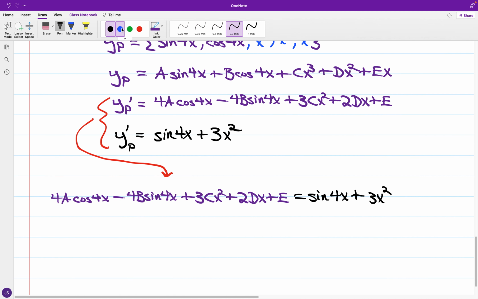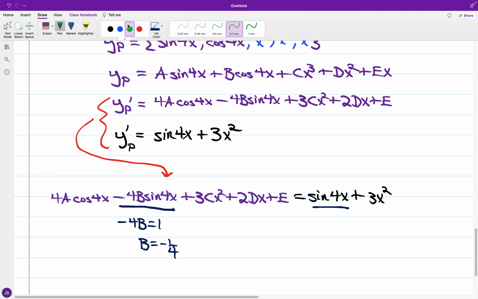If you notice in mapping together, you've got sine of 4x and negative 4b sine of 4x. So just drawing some of the equivalents here: negative 4b sine of 4x on the left, 1 sine of 4x on the right. So negative 4b is equal to 1, so b comes out to negative 1/4.